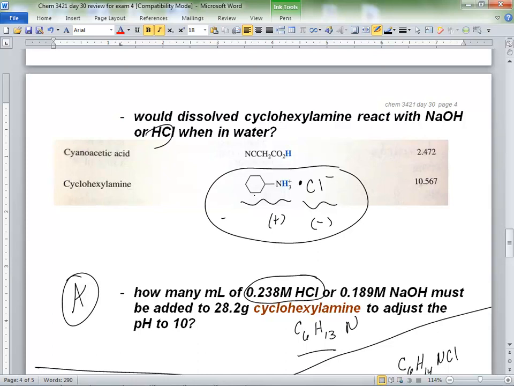You just look at the table, it tells you. To make this a chloride, here's my cation, there's my anion. That makes it a neutral compound. So when I dissolve this in water, I'm going to get a lot of this and a lot of chloride. You don't care about the chloride, it's the conjugate base of a strong acid. It's not going to do anything. This is going to do everything. And what is this? It's a conjugate acid, right?